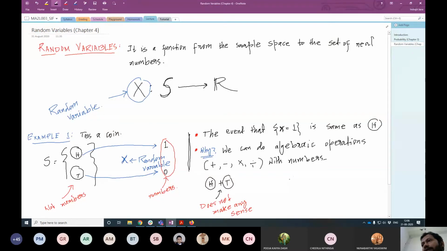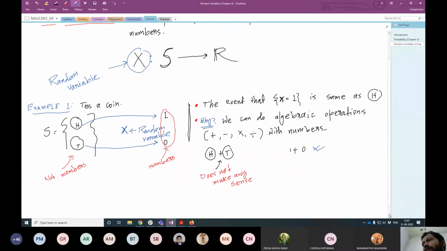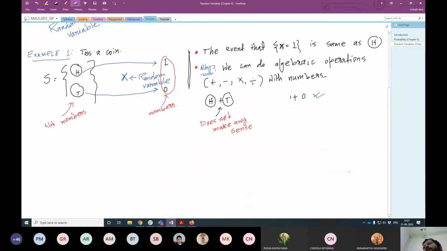However, if I write say 1 plus 0, this is perfectly fine. Now you might ask, why does it matter? Why do you want to introduce numbers, and why are we interested in doing algebraic operations like addition, subtraction, and so on? This will be clear in the next week's lecture.